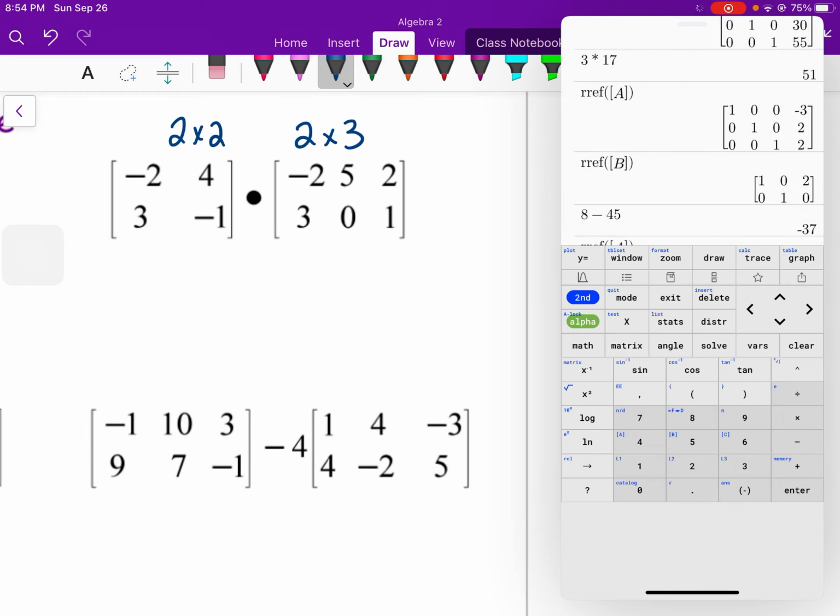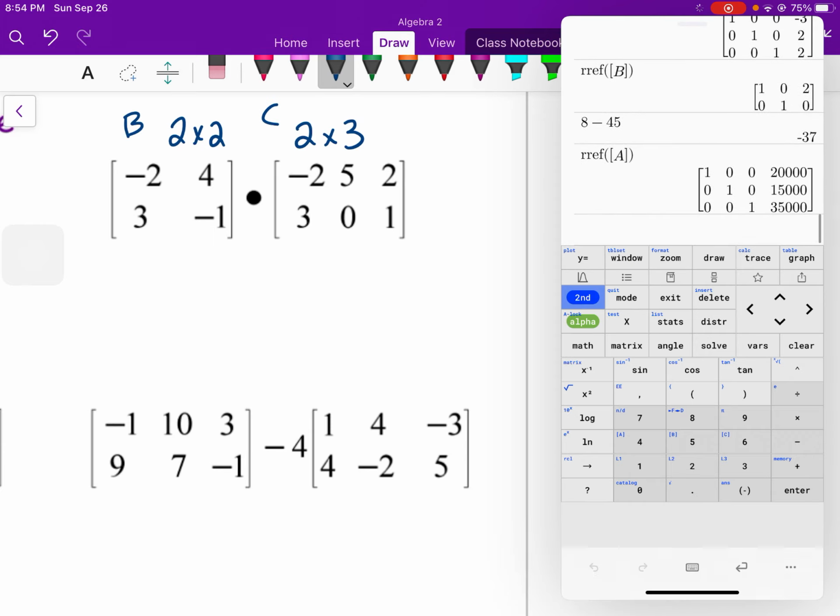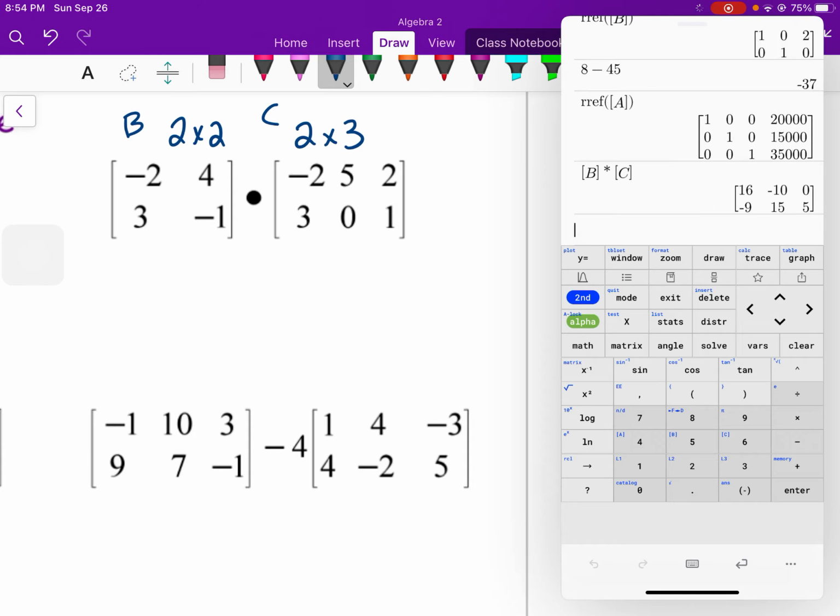Go back to your home screen and then do matrix. So I called this one B and this one C. So from the home screen, I would do second matrix B times second matrix C and enter. And it would be 16, -10, 0, -9, 15, and 5.